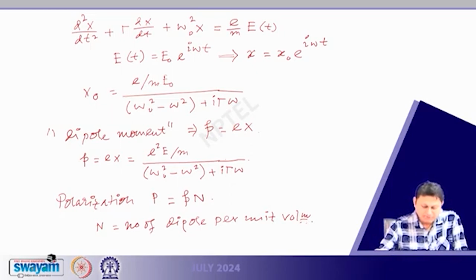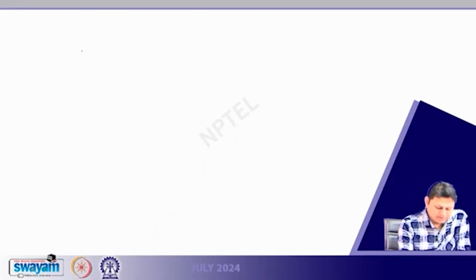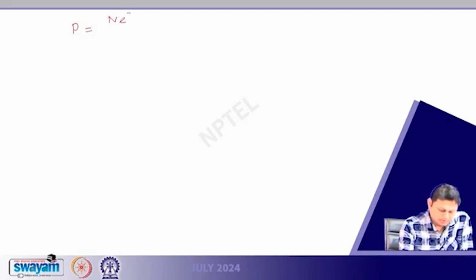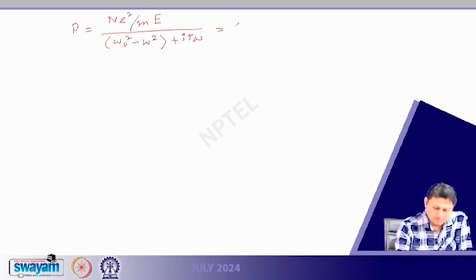Small p we know, and if I put this small p, I am going to get P equal to n e squared divided by m, whole divided by omega0 squared minus omega squared plus i gamma omega, times E. That is essentially equal to epsilon naught times the first order susceptibility times E.